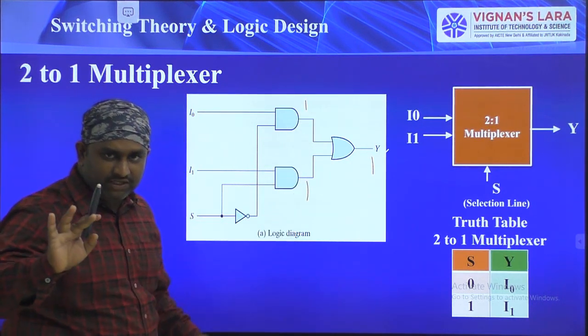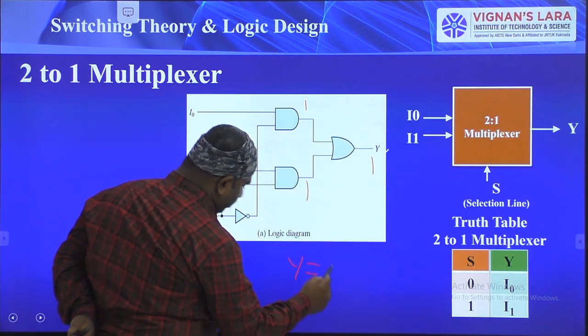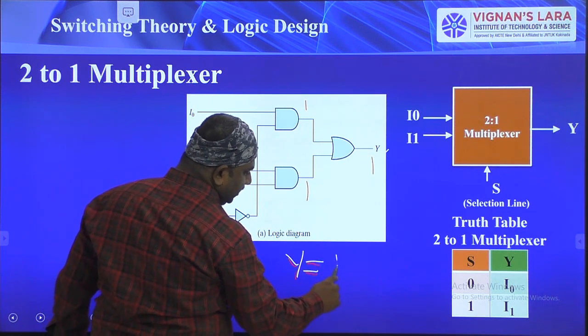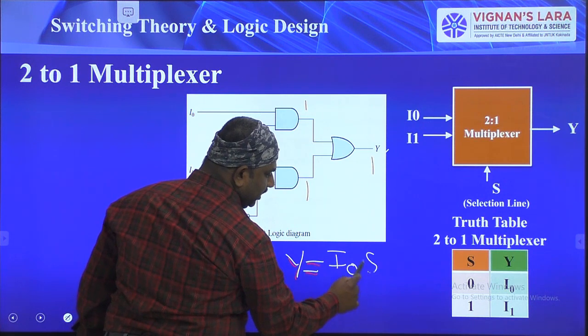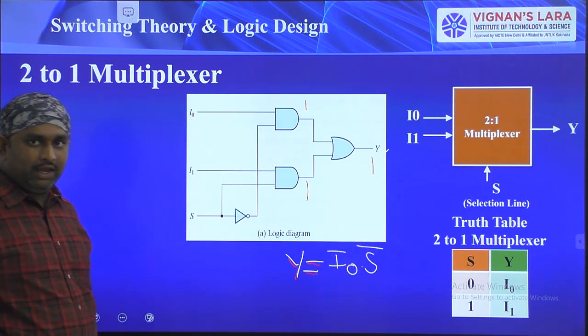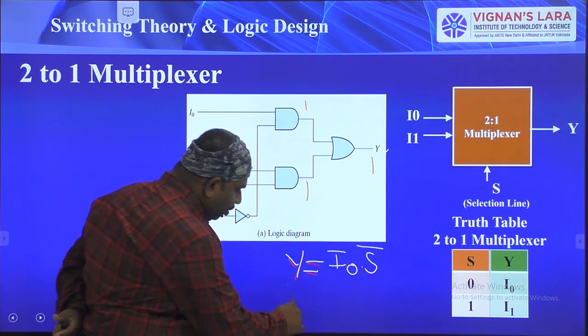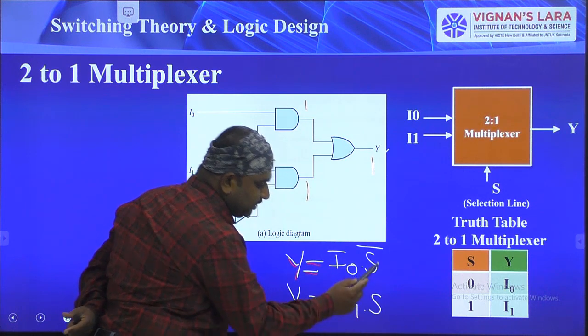So see, it is very simple. Y is equal to I0 when S is equal to 0, that is S bar. Okay, Y is equal to I0 dot S bar. Otherwise, Y is equal to I1 into S. Why?